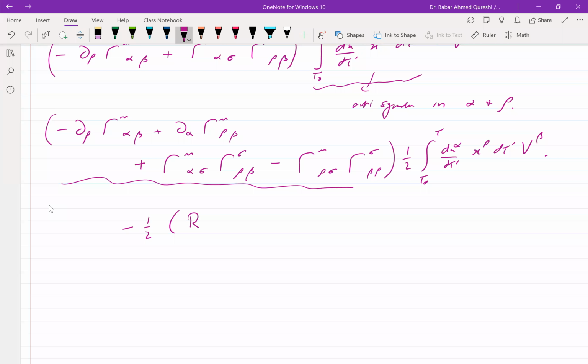This is exactly rho mu, I'm contracting with beta and rho alpha, rho, down dash and v beta.